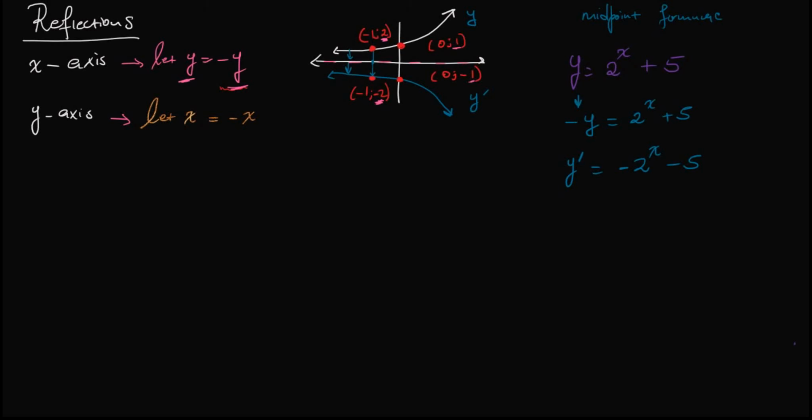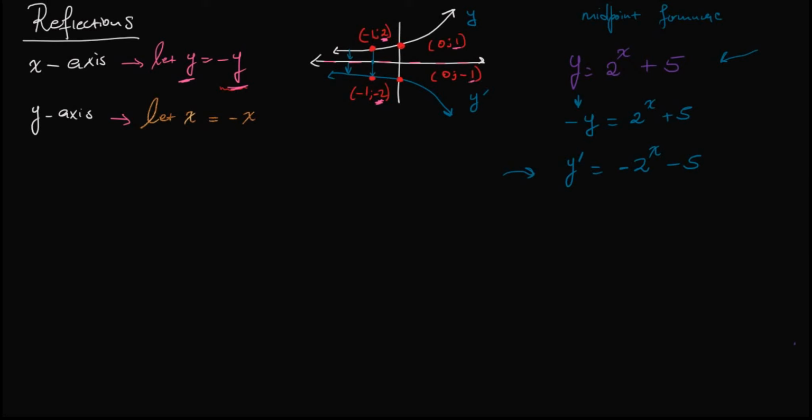So the reason I do not say that this graph is y equals -2 to the x minus 5 is because the first one is already y equals 2 to the x plus 5. Then for the reflected one, it makes it easy to say that it is y prime, just to see that it is not the same as the original function.